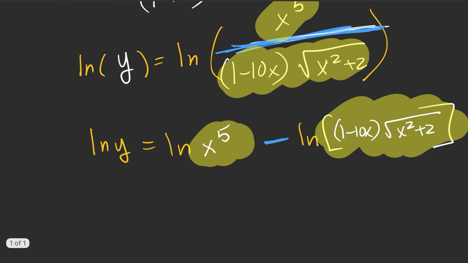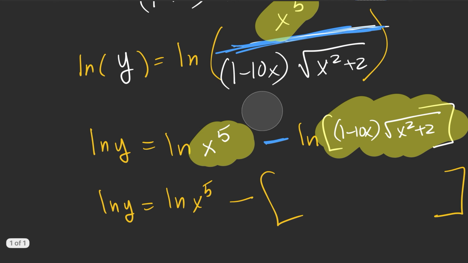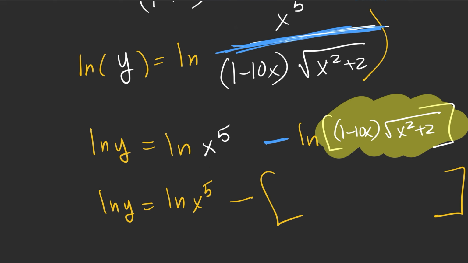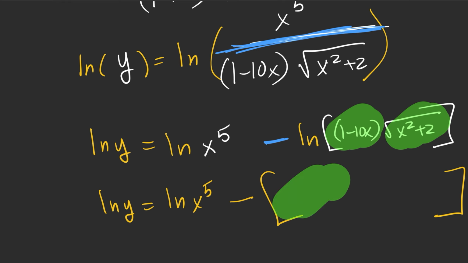Well, now notice what we have here. This is just a product of two things. And I know that the natural log of a product is the sum of the logs. So notice what we're going to do. We keep this over here. We don't lose track of it. But then here I have minus, and I'm going to replace this times this with the natural log of two things added together.